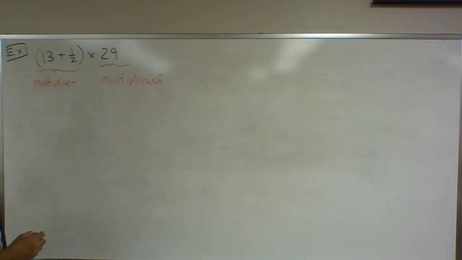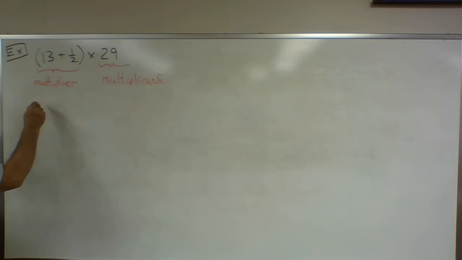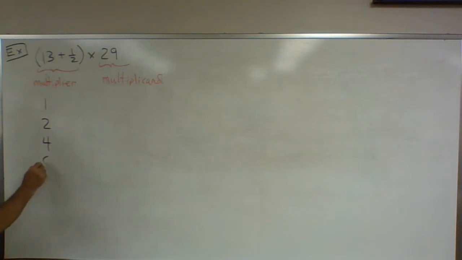13.5, let's see. I take the smallest whole number power of 2, that's 1. This is 2 to the 0. 2 to the first. 2 squared. 2 cubed. 2 to the fourth is 16, but that's bigger than my multiplier.